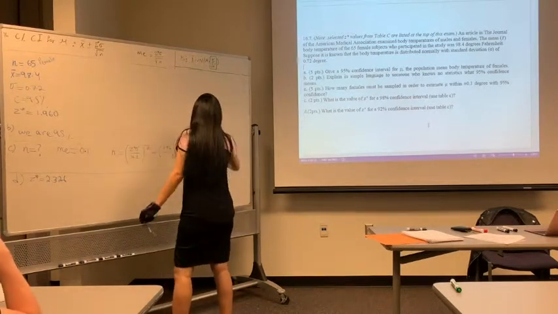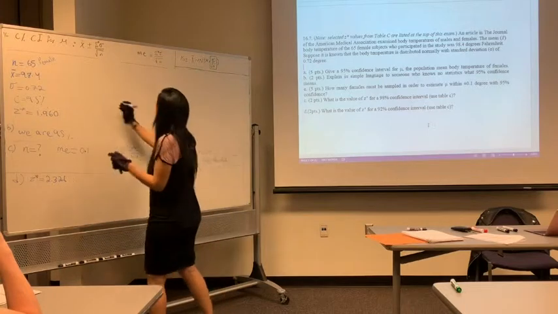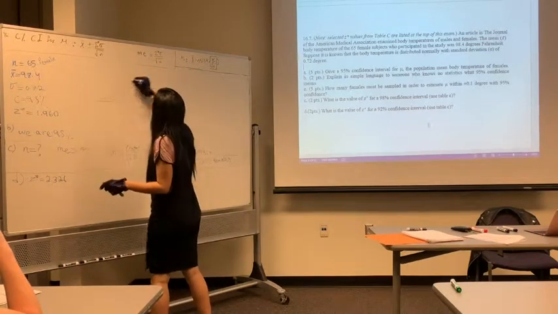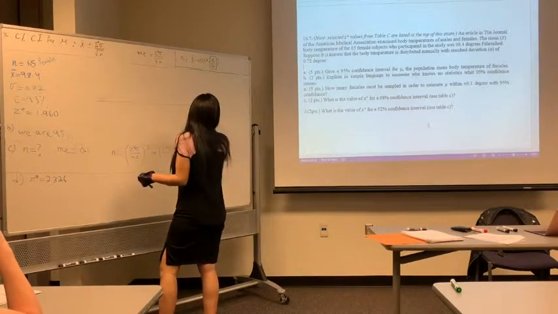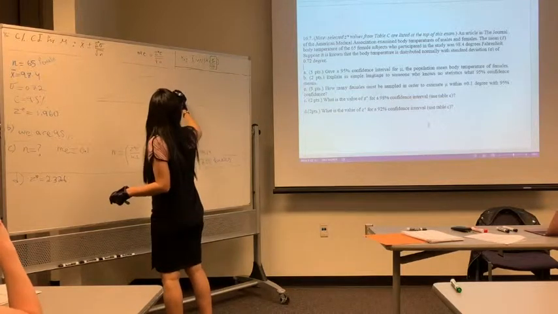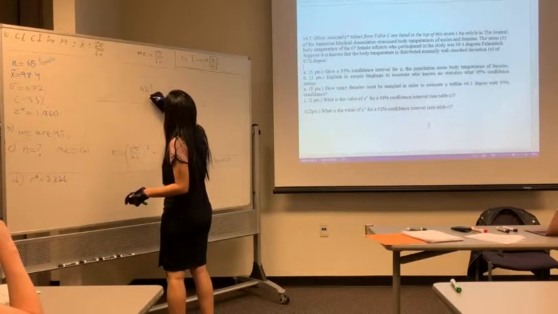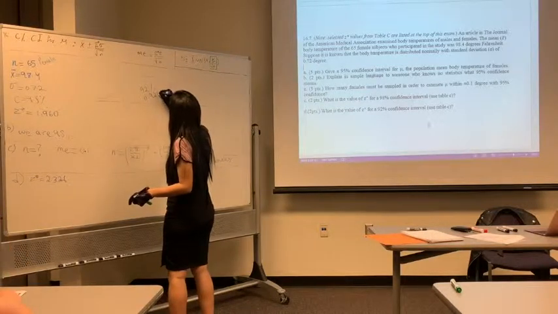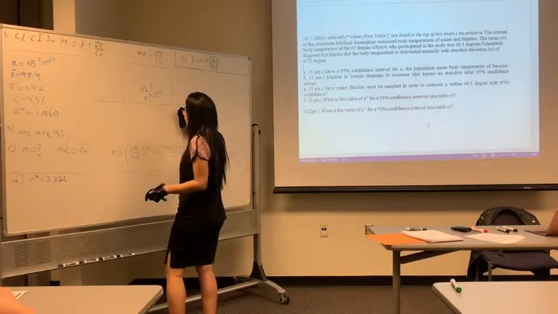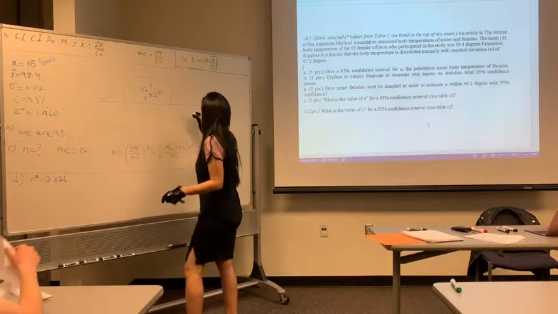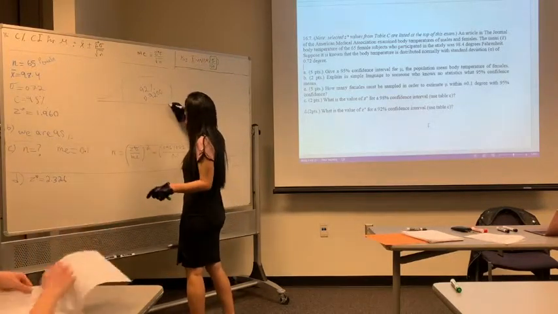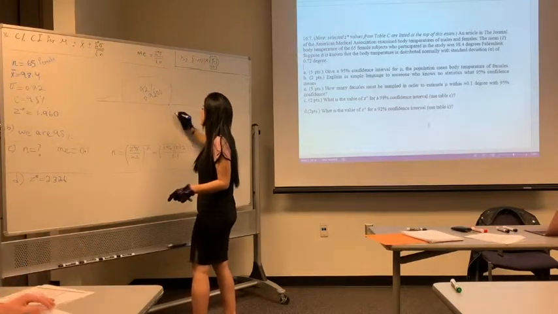The next one says 92%, right? Let's say 92% here, 0.9200, and it's not that symmetric, but that's okay. I want Z star here.